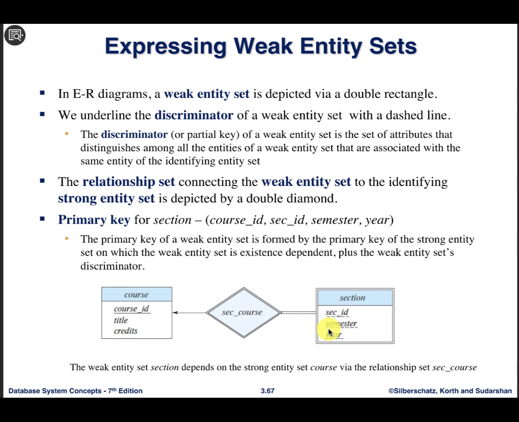Maybe not all of them are going to be discriminators, it depends. In this example, all of them are discriminators. That means we call this the partial key. In this case, if you give me the primary key of the strong entity plus those partial attributes, I'm going to be able to uniquely identify an instance within this entity set.